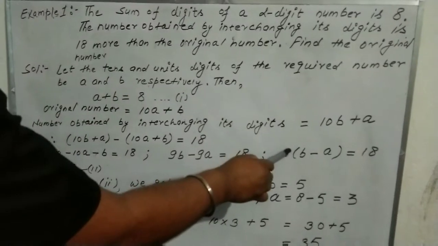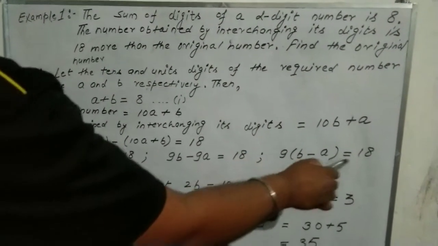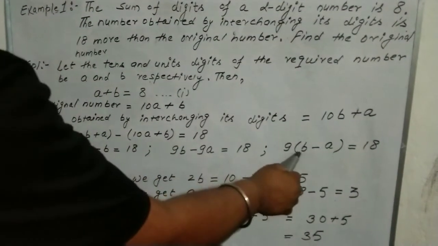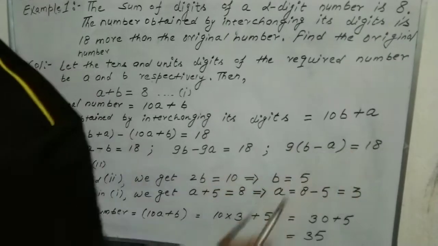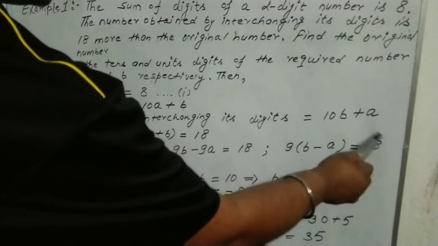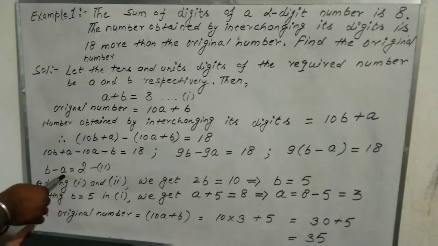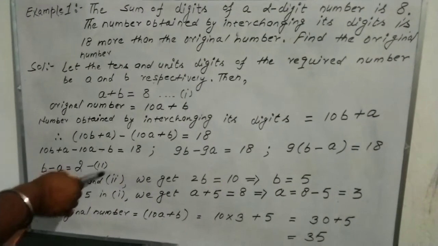Taking 9 as common, 9 times (B minus A) is equal to 18. So B minus A is equal to 18 by 9, which is equal to 2. Therefore B minus A is equal to 2. This is our second equation.